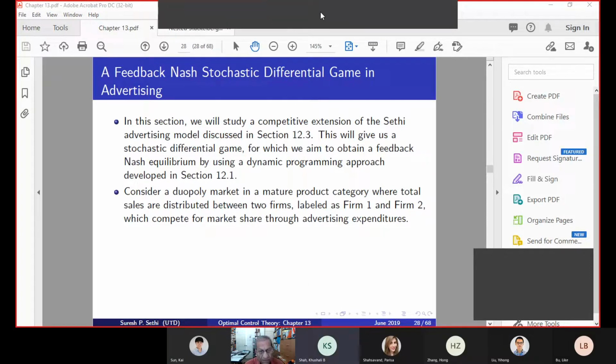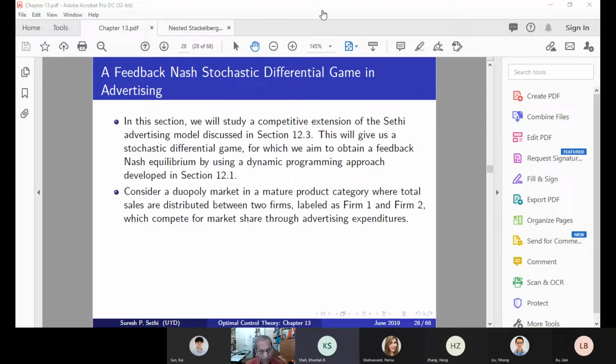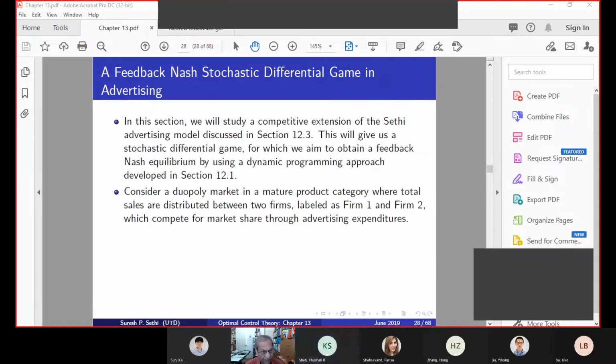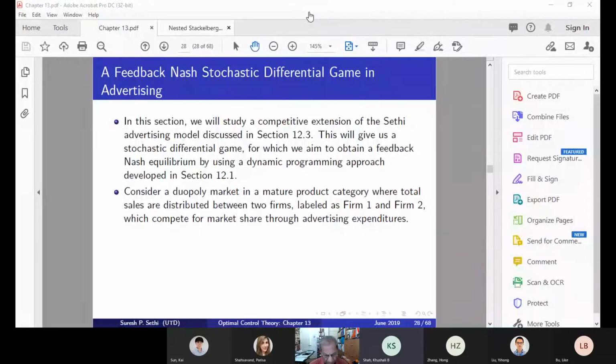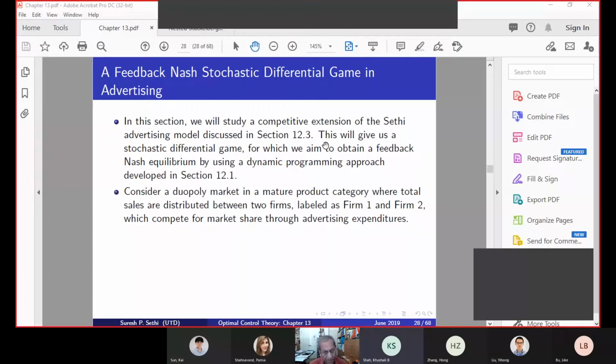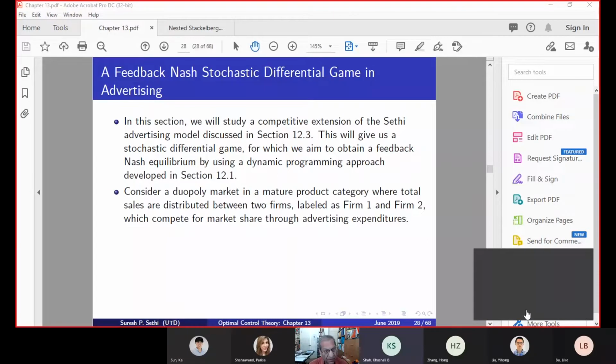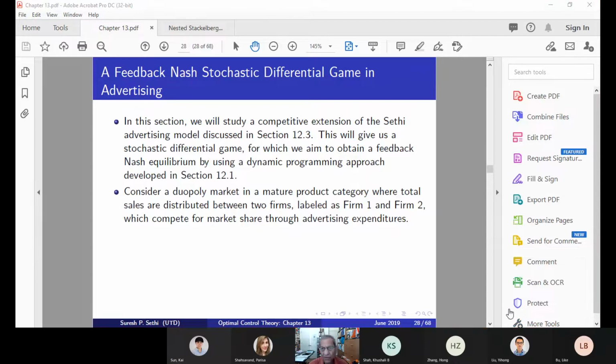Let me stop sharing and share again. Request control.